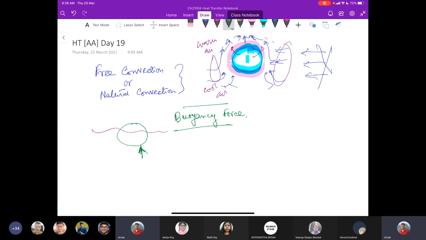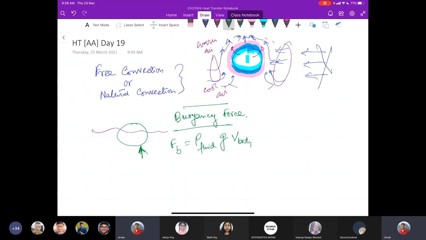Now this force has a magnitude equal to the weight of the fluid displaced by the body. So if I write F_B, that is the density of the fluid, times g, the gravitational acceleration, times the volume of the body. Here this rho fluid is the average density. Remember, it is not the density of the body.